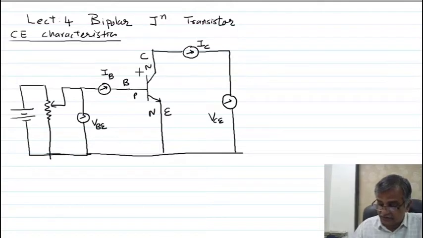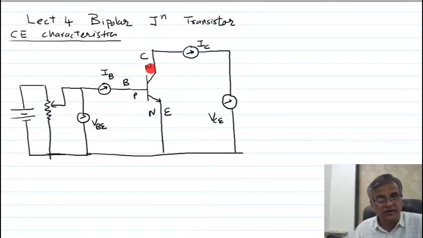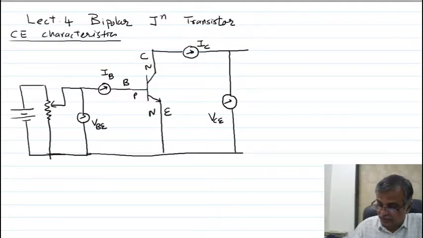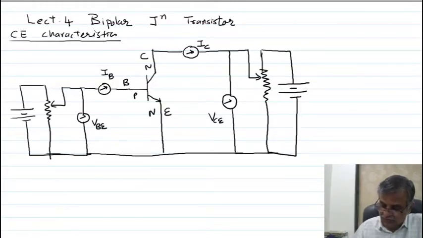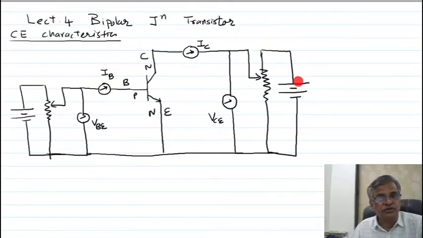Here this is N-type material, so I have to connect negative here, because you know that for the operation of a transistor the base emitter junction should be forward biased and the collector junction reverse biased. So to keep the collector reverse biased, I am connecting it to the positive terminal of the battery. This is N-type material, so I have connected it like this.